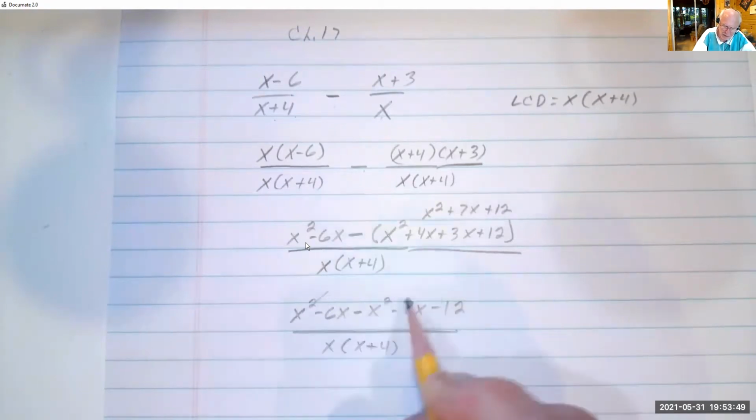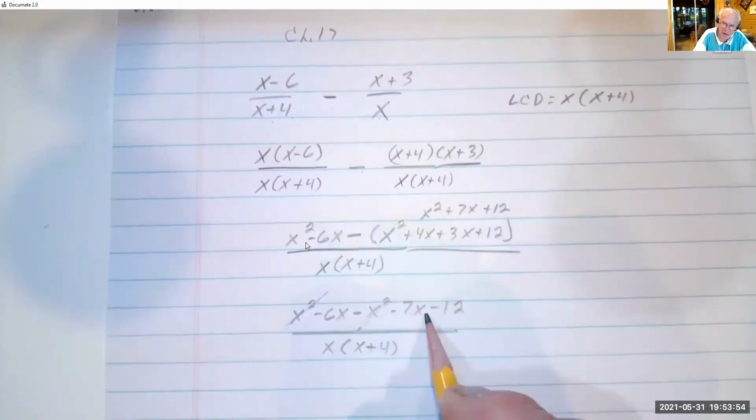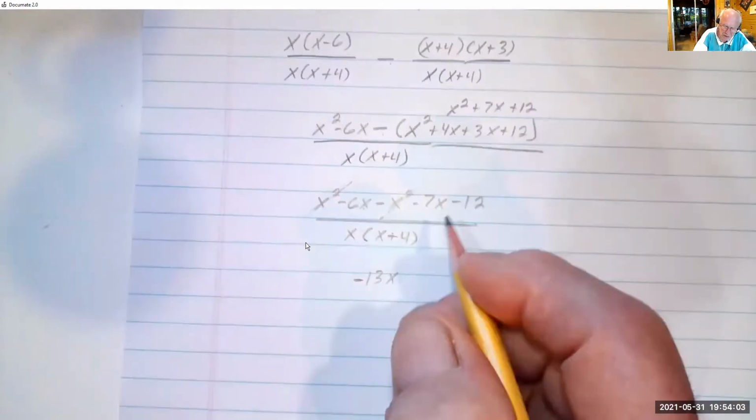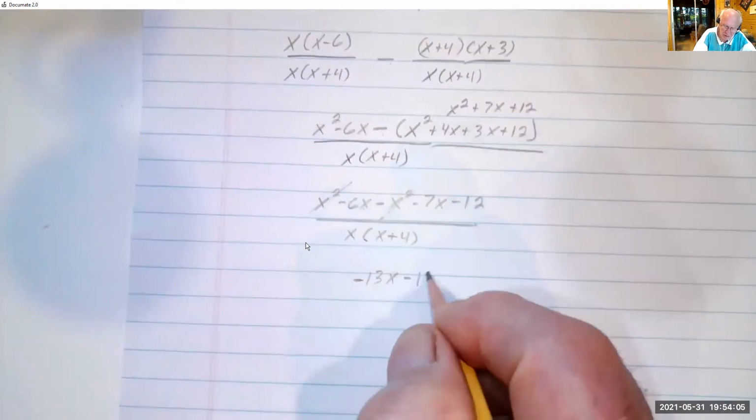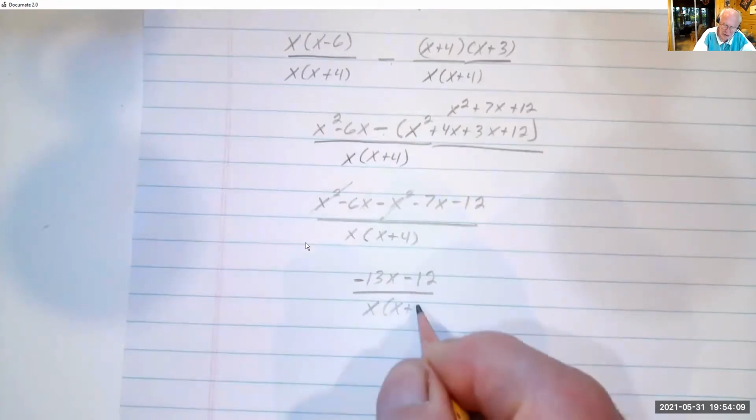The x squares cancel. Minus 6x and minus 7x gives me minus 13x, minus 12, all over x times x plus 4.